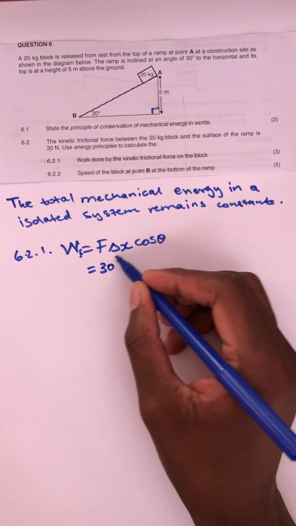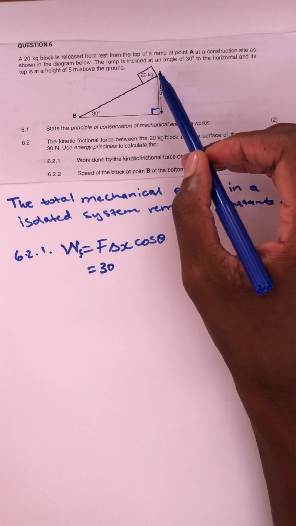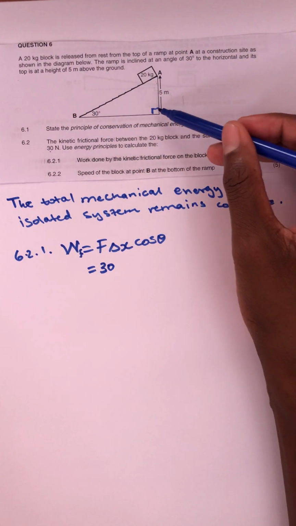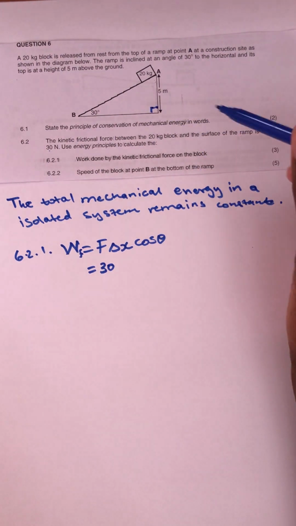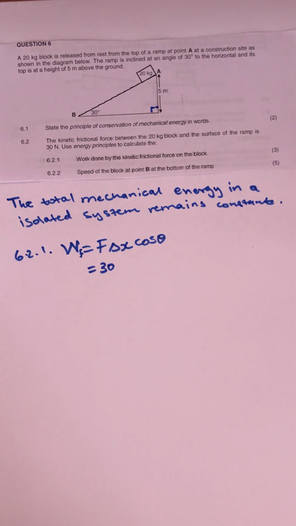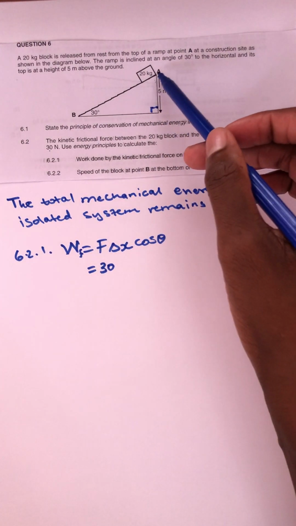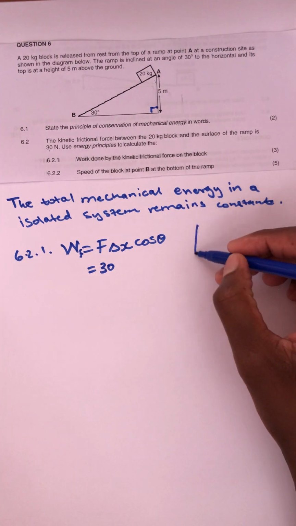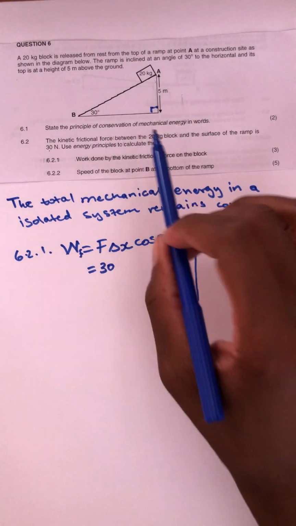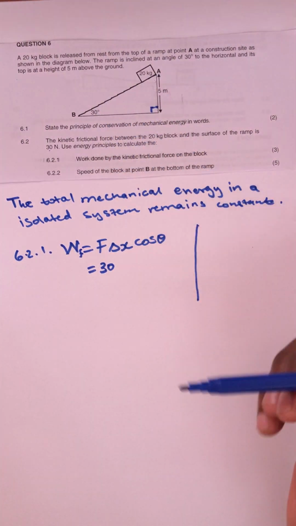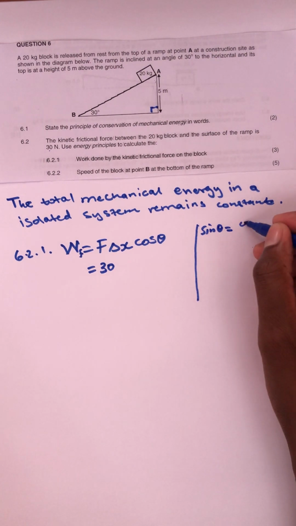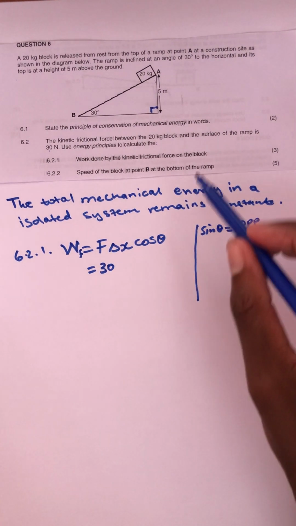Now what is the change in x? The change in x is the distance from A to B. Since we don't have the distance from A to B, but we know the perpendicular height, this is a right angle triangle. How can we get the hypotenuse from the right angle triangle? We can use the trig ratios. We use sine: sine theta is equal to opposite over hypotenuse.